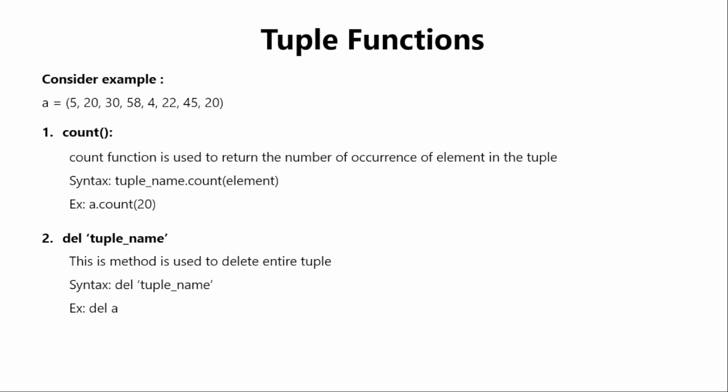Now let's move on to tuple functions. Since a tuple is fixed and not dynamic, it does not support multiple functions like lists. We have only two types of functions for tuples which are commonly used, so we can have a quick run-through.